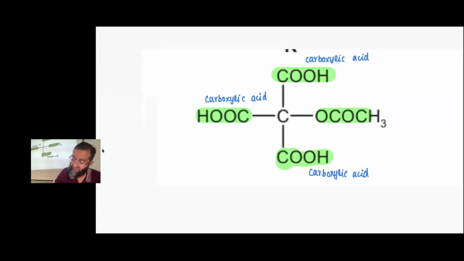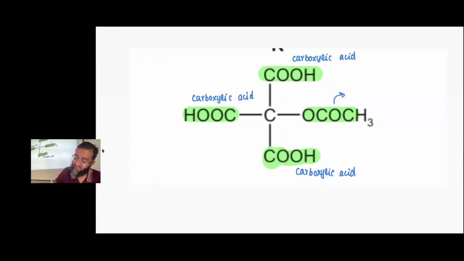Okay, if you try to open it, see. Sir, ester. Yes, can you repeat, Ridwan? Sir, I was saying ester. Yes, very good. It's ester. So, see, O, then C double bond O, and then CH3. And this O is actually bonded over here. So that makes it ester.